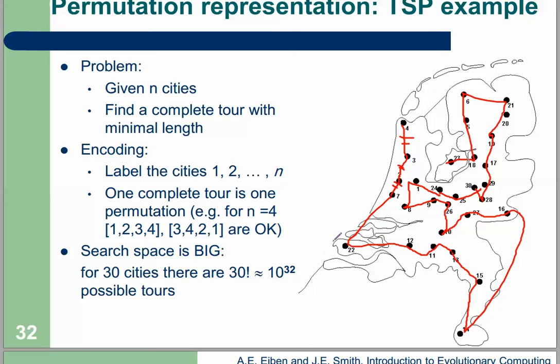Another example: all of the destinations, or all of these numbers, exist in the list or in the solution exactly once.